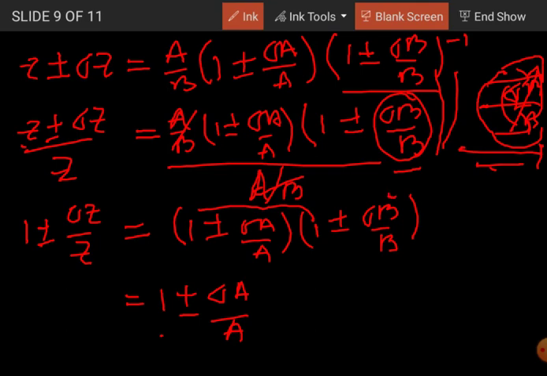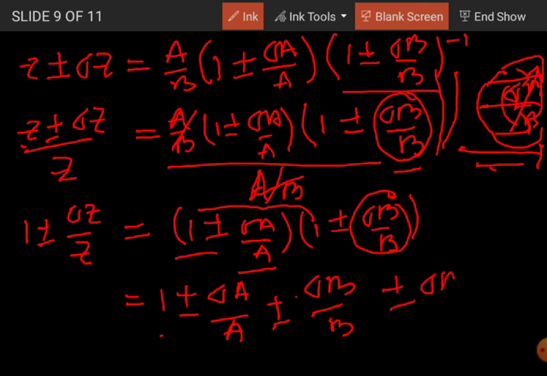Then multiply with delta b onto both terms, so that it will be plus minus delta b by b, and plus minus delta a by a into delta b by b.